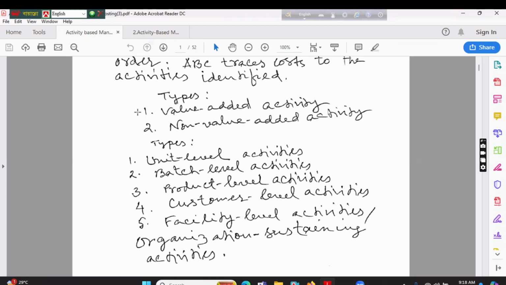That means legal requirements. Activities needed to comply with the reporting requirements of the SEC, that means Securities and Exchange Commission, and filing requirements of the IRS, Internal Revenue Service, are examples. These activities are value added by mandate.